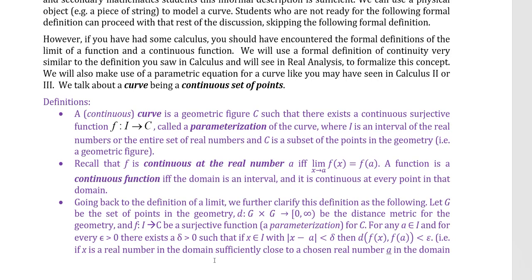We also make use of parametric equations for a curve, like you may have seen in Calculus 2 or Calculus 3. We talk about a curve being a continuous set of points. So here are the definitions.